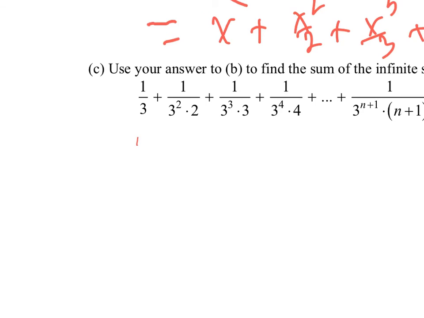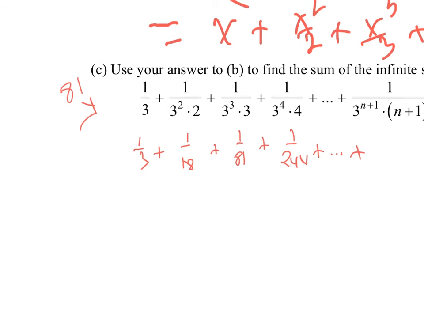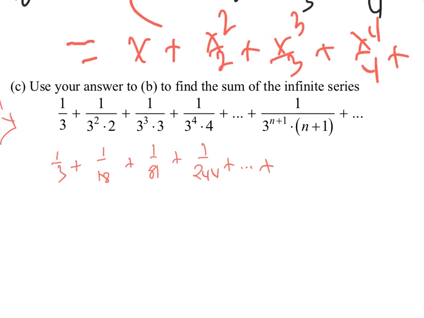Look at the terms. 1/3 plus 1/18, 9 times 2 is 18, plus 1/81, 27 times 3 is 81, plus 1/324, 81 times 4. And obviously, I could continue that.